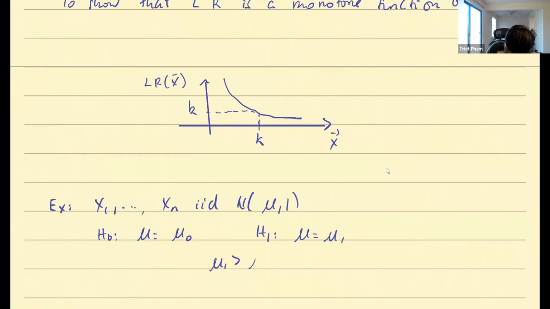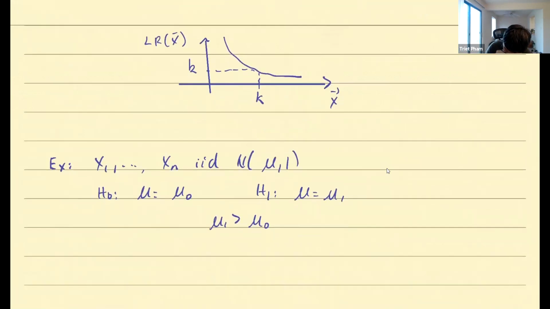Mu1 is bigger than mu naught. Question: show that C bar, X bar bigger or equal to K, is the most powerful.